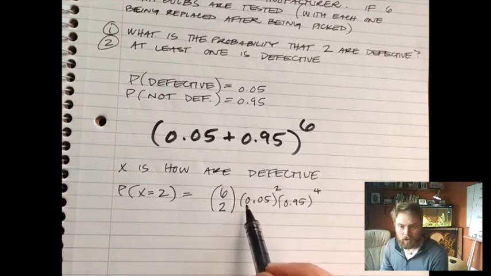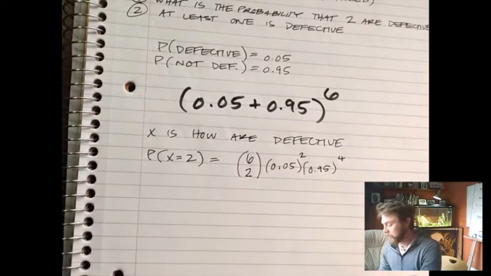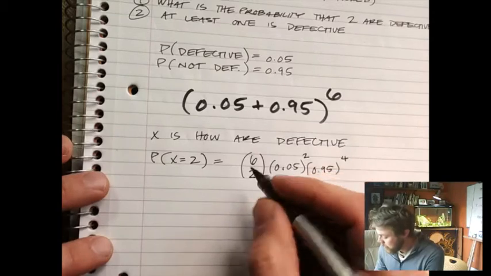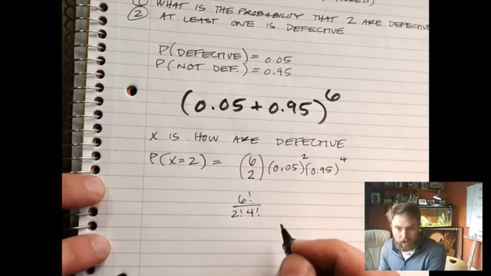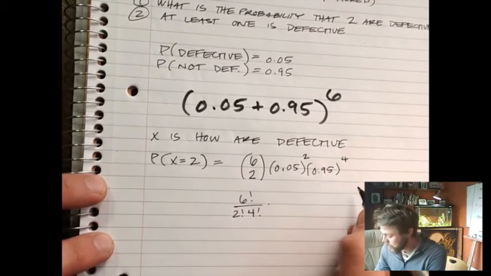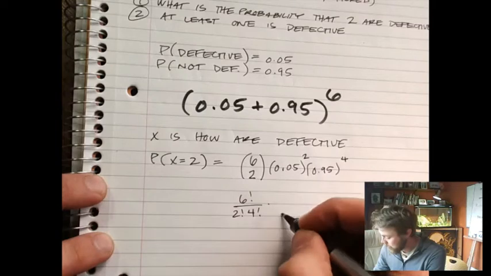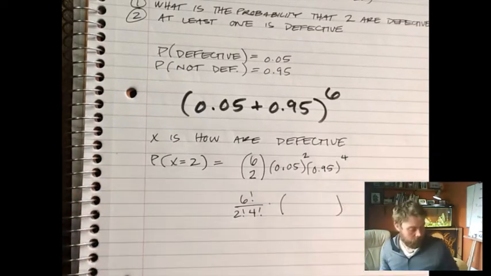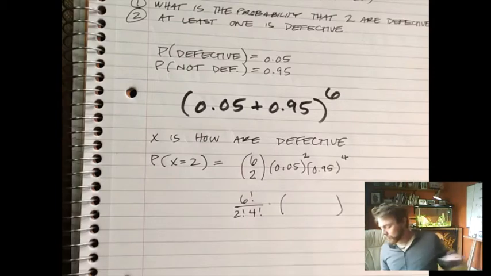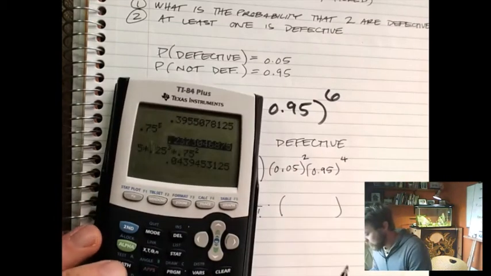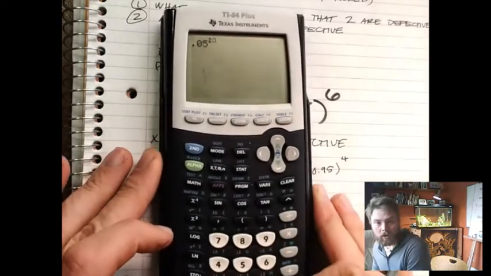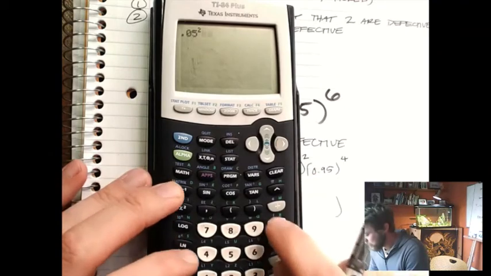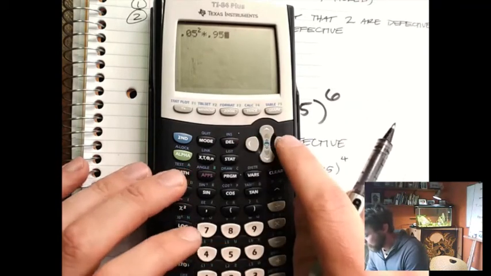And so we just got to figure out these numbers now. So this is 6 factorial over 2 factorial, 4 factorial if you want to do it by hand, and then times these numbers right here. So let's just figure out, well, what are the decimals that we're dealing with? 5, we want 2 that are defective, 5% chance, times 95.